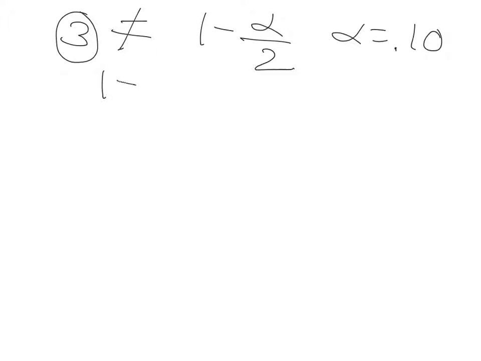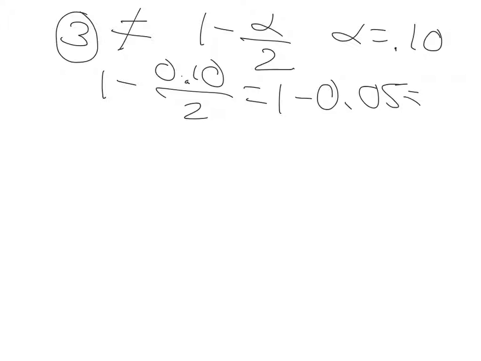So we're going to have 1 minus 0.10 over 2. And that's 1 minus 0.05 or 0.95. And here again I cheated and used R, and I will show you how to do that in the handout. I got the value back for that, and it turns out to be 1.645, one of our favorites.